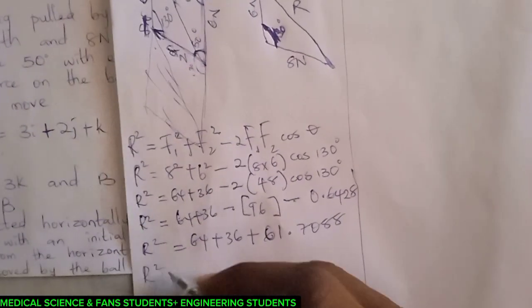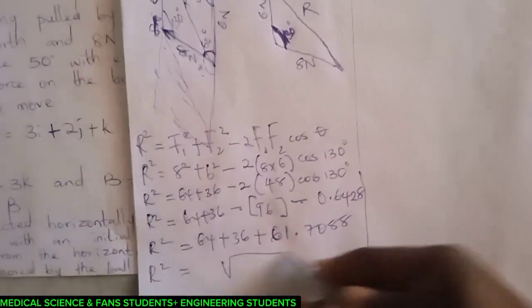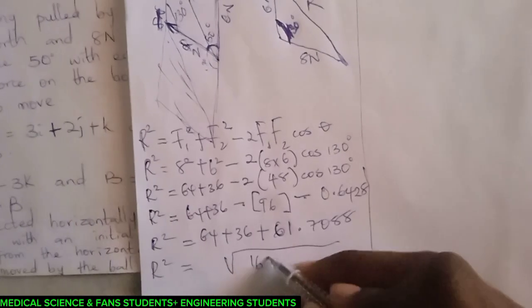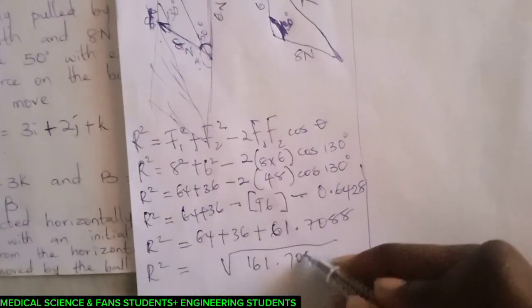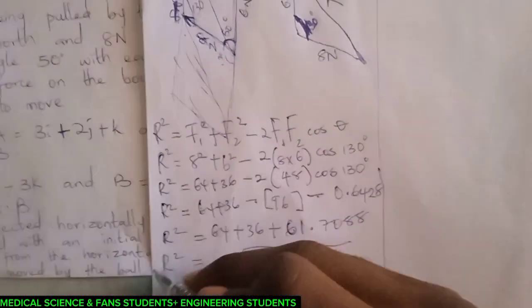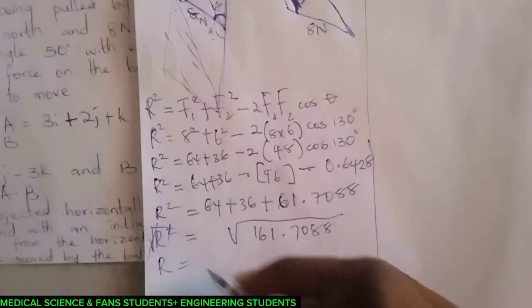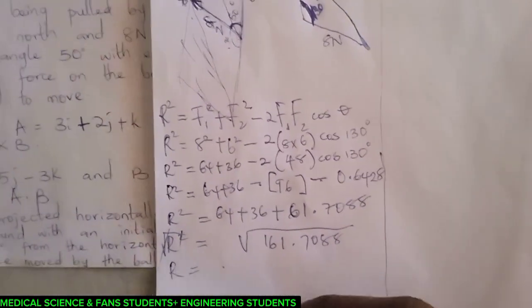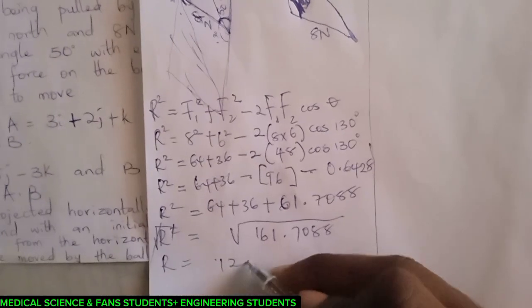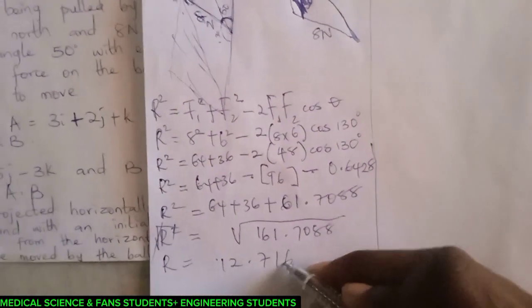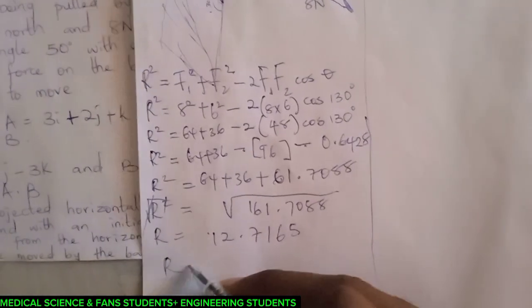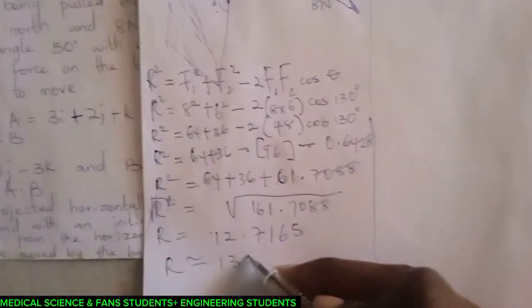So r square equals, if you sum up, you have 161.7088. So take the square root of both sides. So r will be equal to 12.7165. So r is approximately 13 Newton.